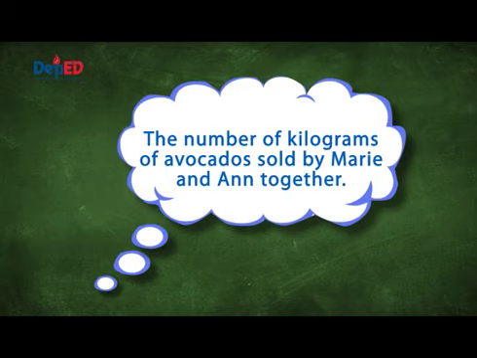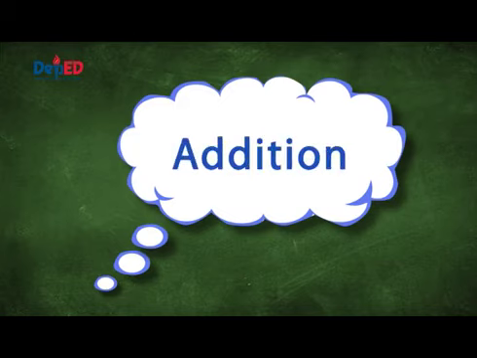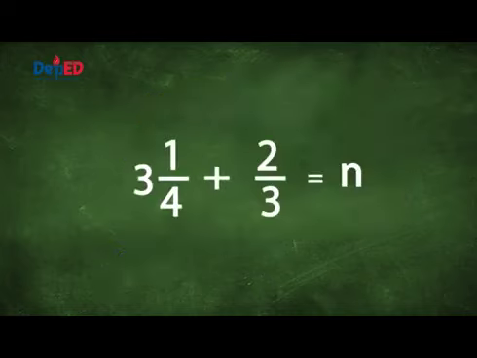It is together. So, what is the correct operation to use to solve the problem? You got it! It is addition. What is the correct number sentence? Very good! 3 1/4 plus 2/3 equals n.